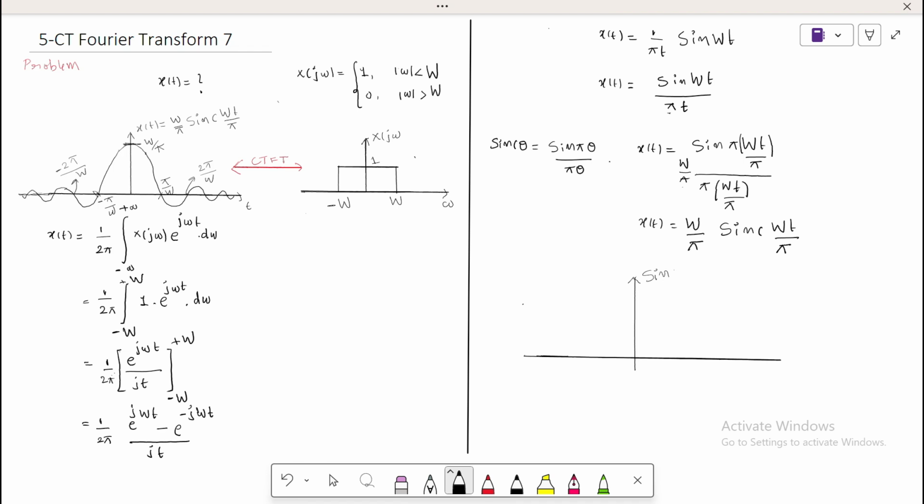Sinc theta versus theta. It goes to 0. The peak values decrease with respect to theta.